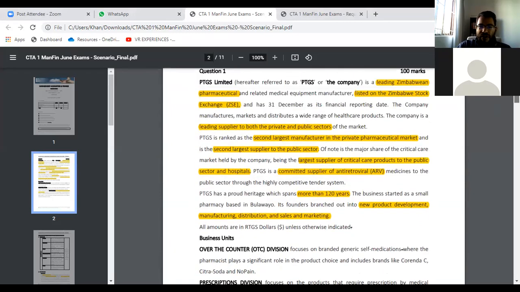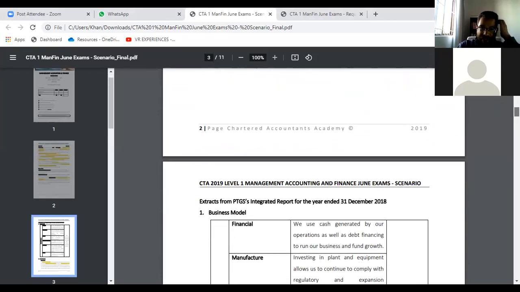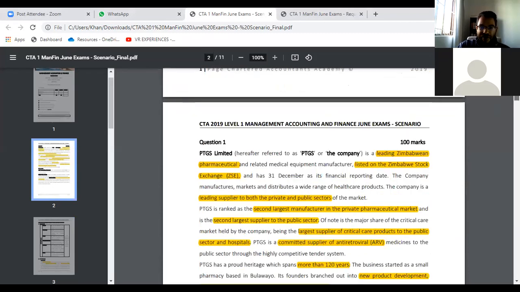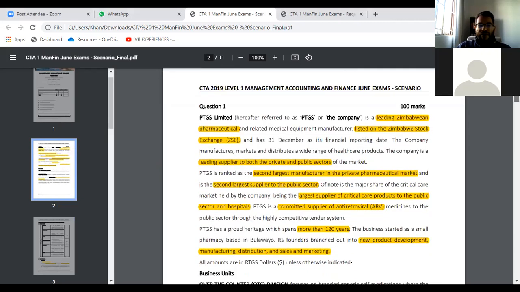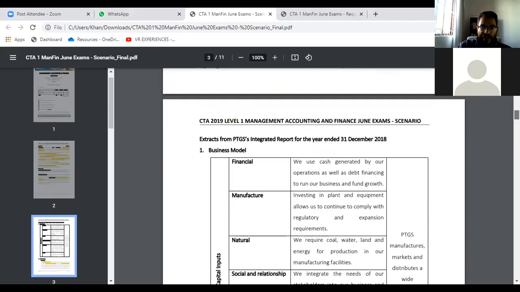I'm not going to read all of this because it doesn't take too much time. So what's nice about it is it's like a real scenario, from the real world, right? It's probably a real world company that they kind of changed. So if you read this carefully, you'll get a good basis of how a hospital probably operates in Zimbabwe. Okay, so then they have the business model.